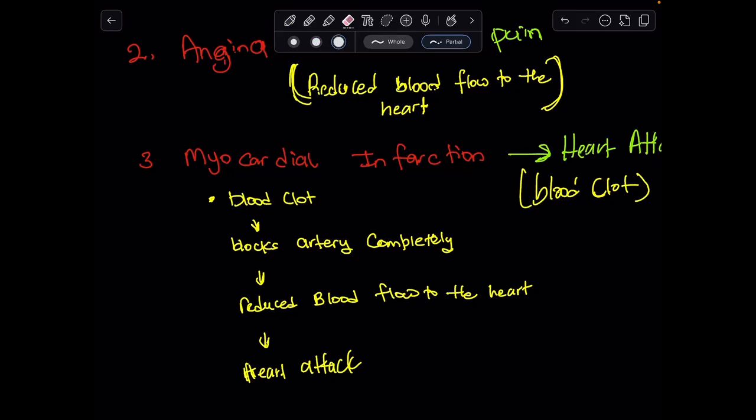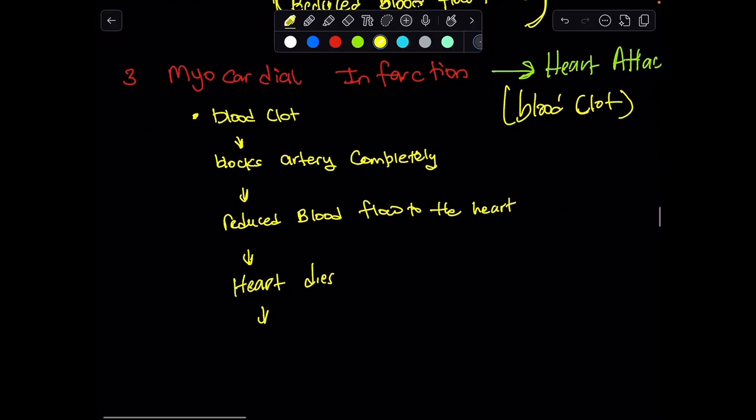Sorry guys, so reduced blood flow, the heart dies because the heart is not being fed. Heart dies, and then you get a heart attack.